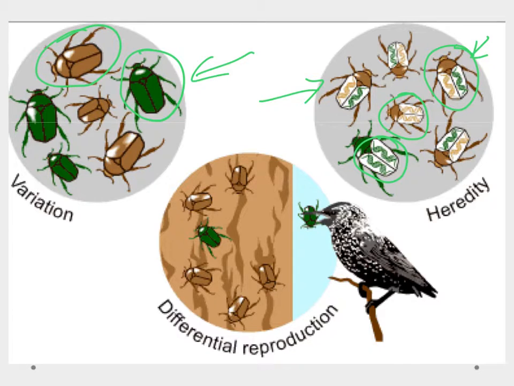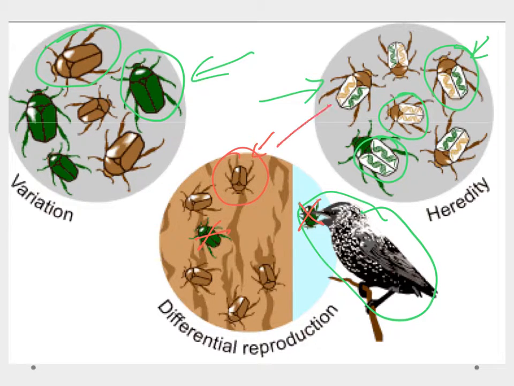Okay, so now when we have these offspring and they hatch and they're living on the trees, we notice our predator here is going to be able to see the green ones and will feed on them a little bit easier. And that'll leave these brown ones. So nature, in the form of the bird, is selecting for the brown coloration because that blends in better.